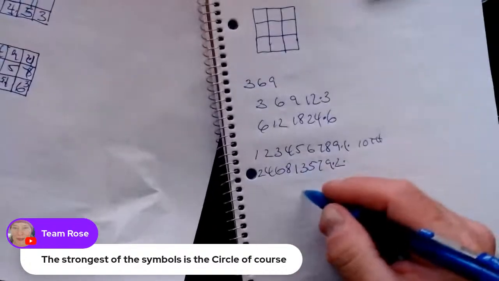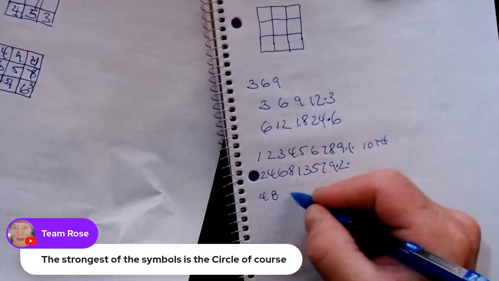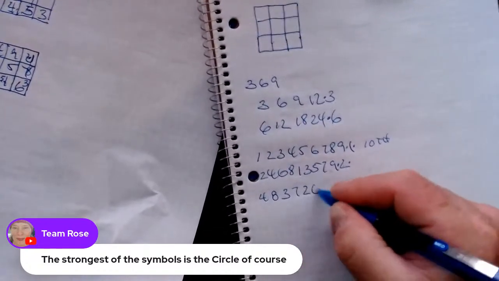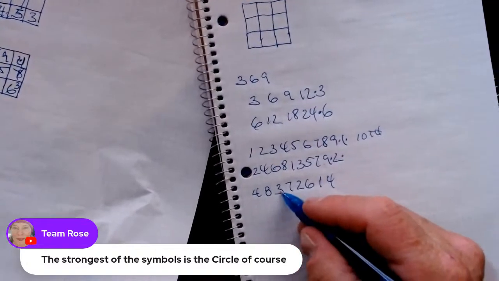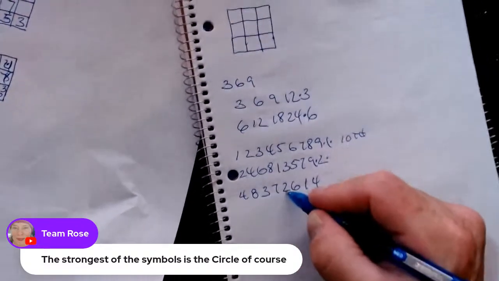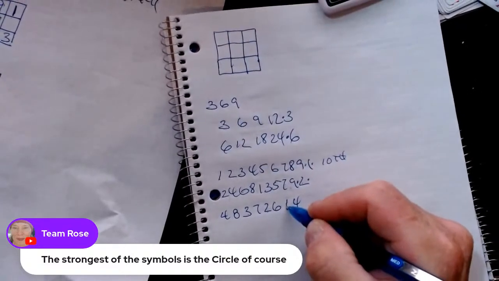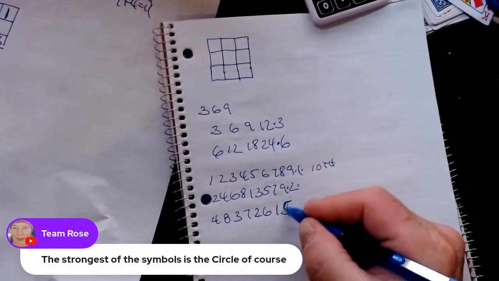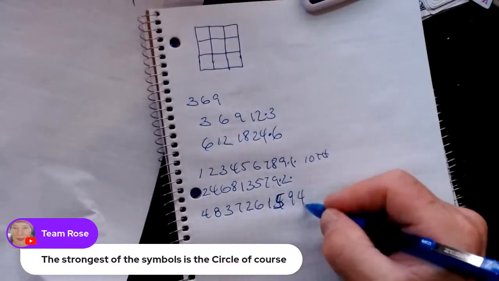1 and 2 will equal 3, and then I'm interrupted with 3. And then I go on to 4, 8, 12, right? 7, 2, 6, 1, 4. Did I get that right? 4, 8, 12, 16, 20, 24, 28, 32, 36, and then 40.